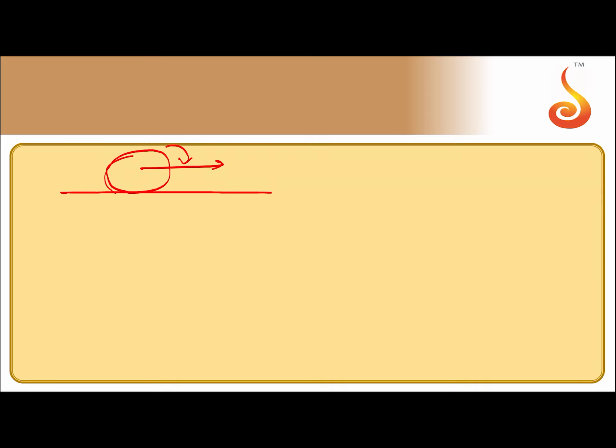Now the question is how much work has to be done. From work energy theorem I can say work done is equal to change in kinetic energy. As the final kinetic energy is 0, this is equal to initial kinetic energy value wise. So what is the initial kinetic energy? Initial kinetic energy is half mv square translational kinetic energy plus rotational kinetic energy half I omega square.